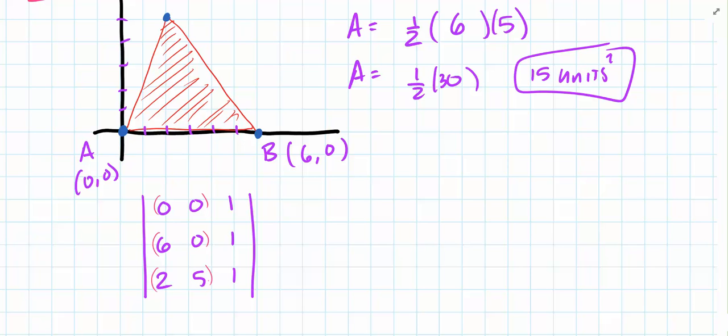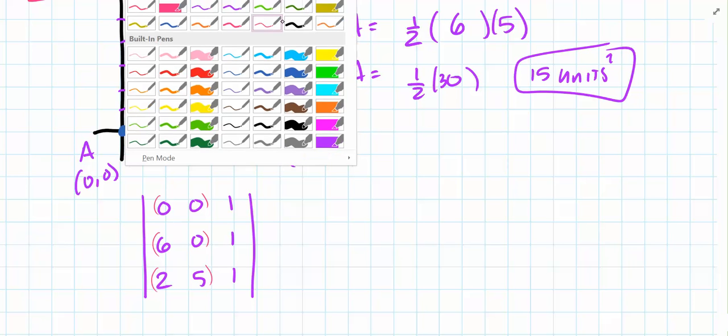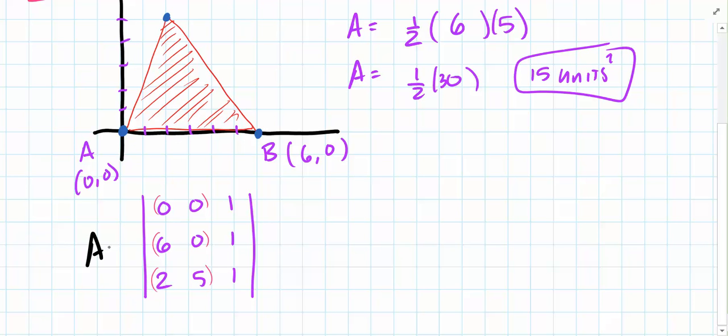So, ladies and gentlemen, let's find the determinant of matrix A. Do you think it's going to be 15? Let's call this matrix A. Hey, which row or column should we expand? We should expand row 1, right? So it's going to be 0 times, who cares?